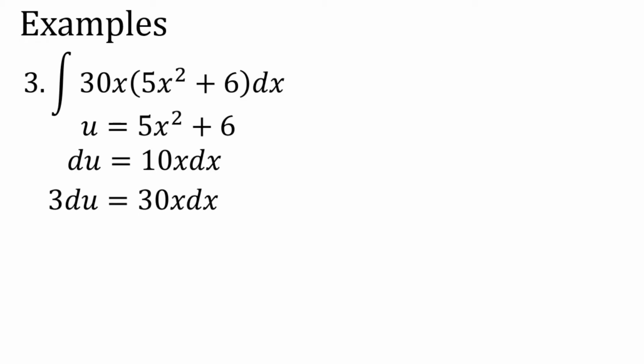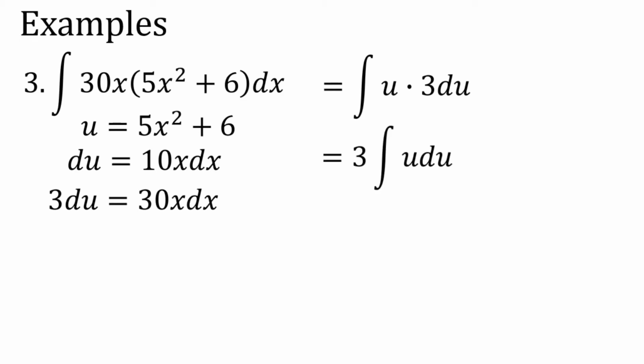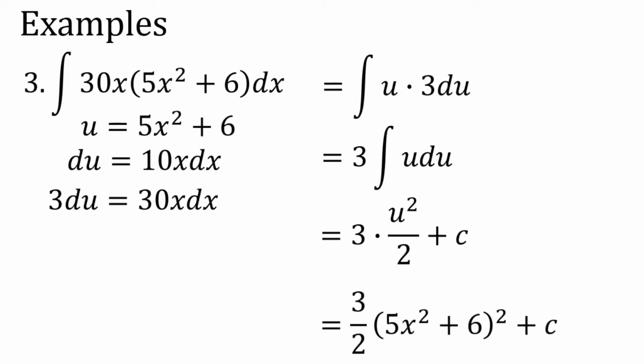Our given is in the form of the integral of u times 3 du. So put the coefficient outside the symbol of integration. This will become 3 times the integral of u du. Then u du is integrable, so the integral of u du will become u squared over 2. So this will become 3 times u squared over 2 plus c. And then substitute the value of u, which is 5x squared plus 6.